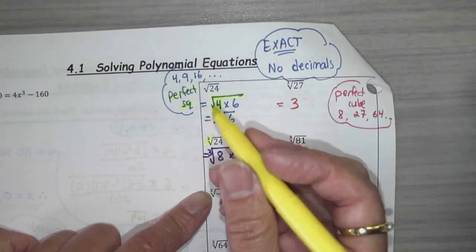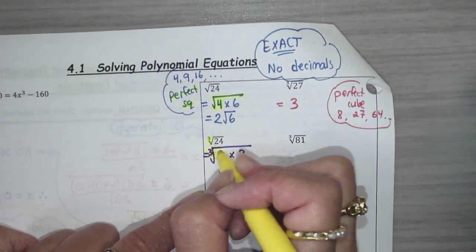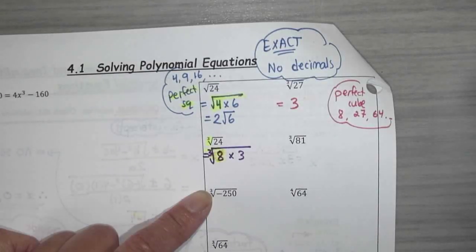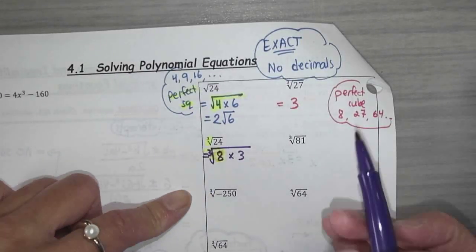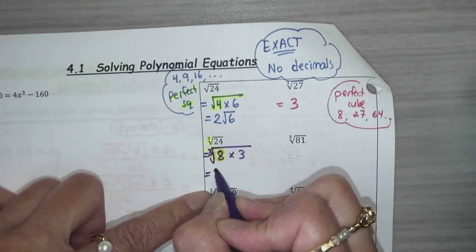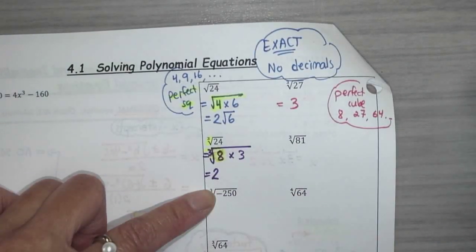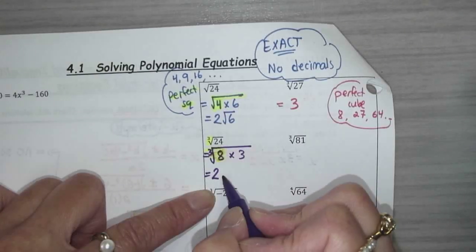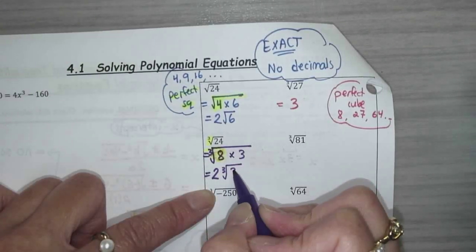Now what is the third root of 8? 2, right? 2 times 2 times 2. We just said that. It's a perfect cube, just like we did this one. So the 2 comes out and you leave the leftover inside.